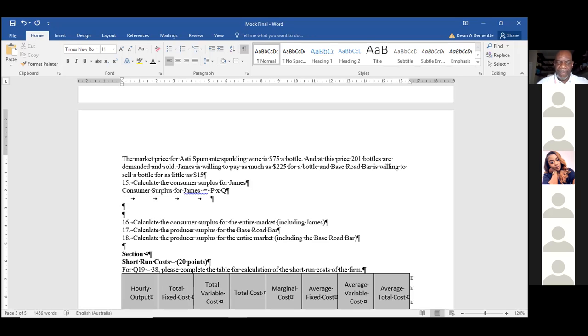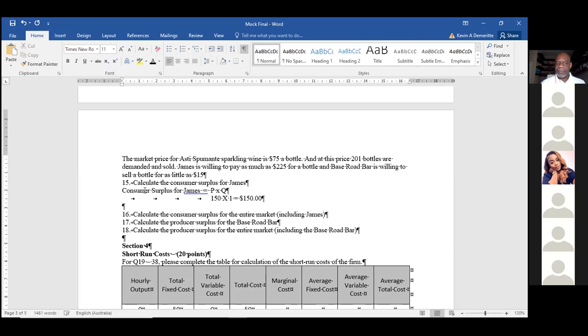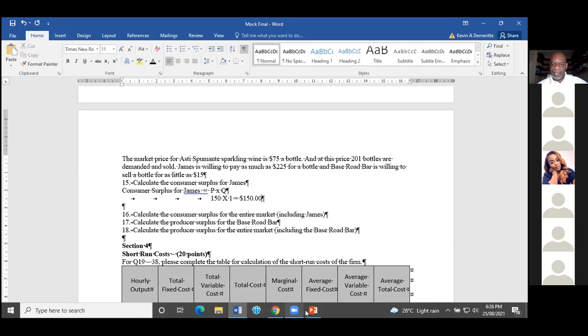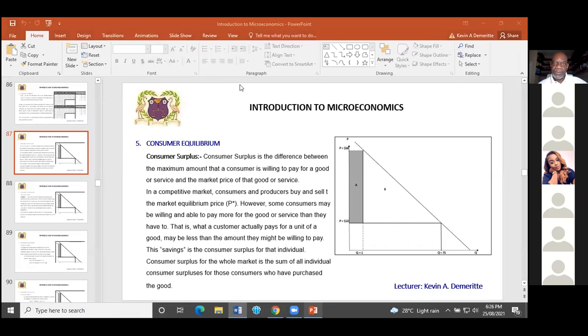Yeah. So he saves 150 and he's only buying one bottle. So his consumer surplus is $150. Let's go back to our notes.